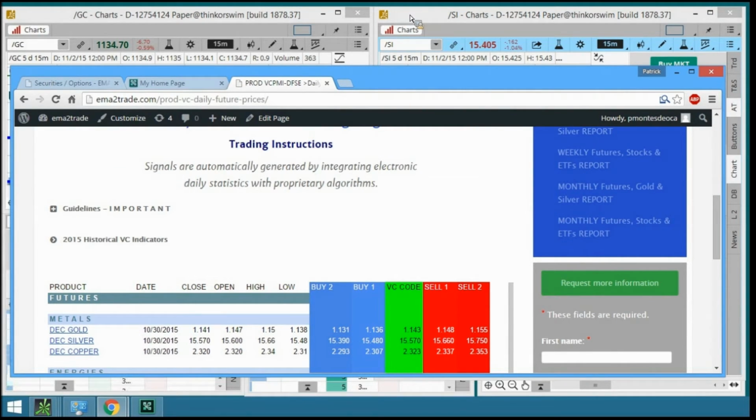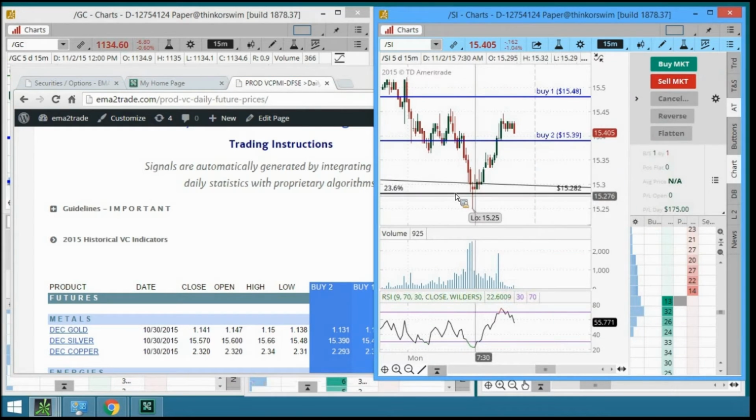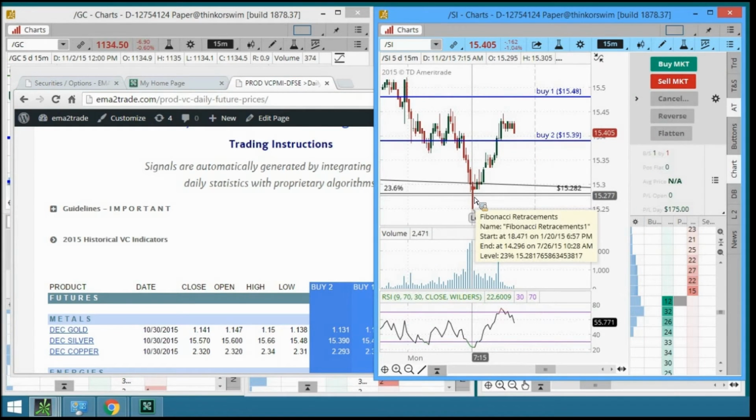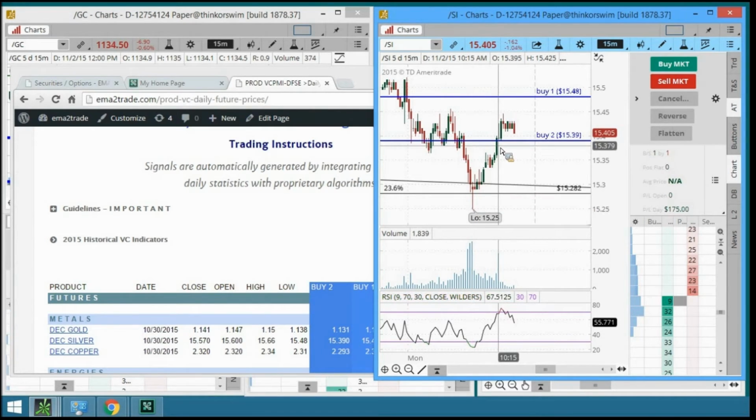And what you saw here today is that we came down to a low of 1525, and we ran right through the B2 level of 1539, and we're trading at about 1540.50.